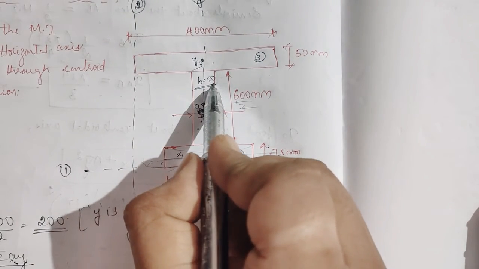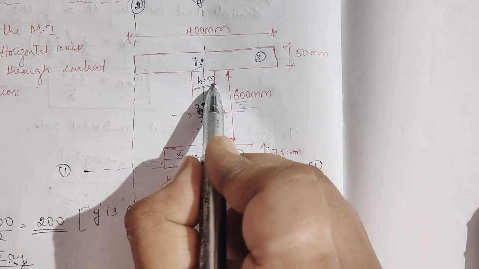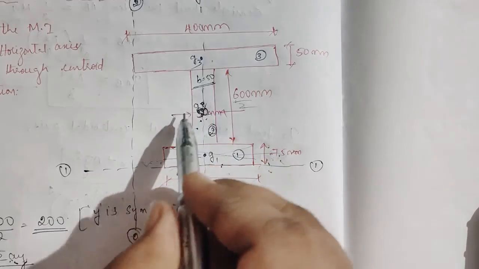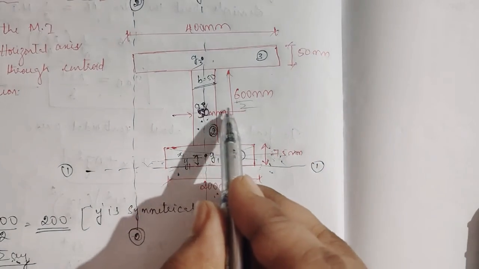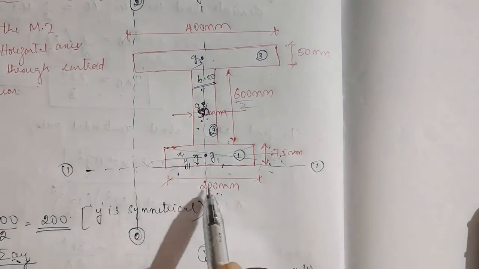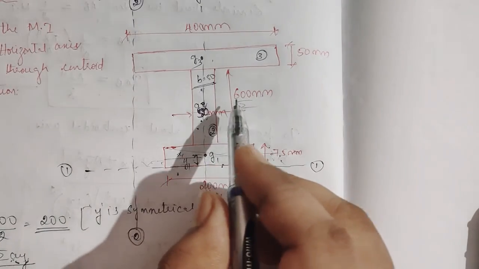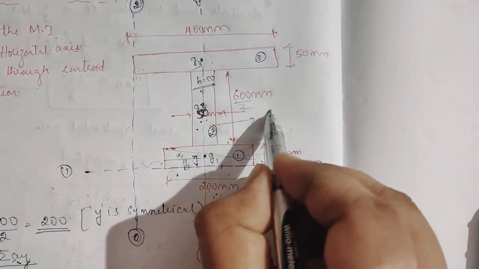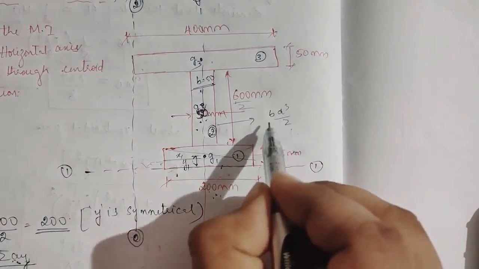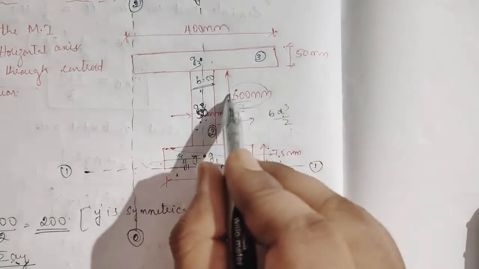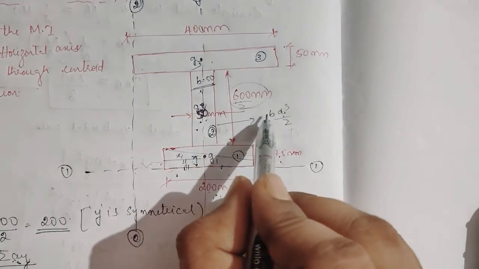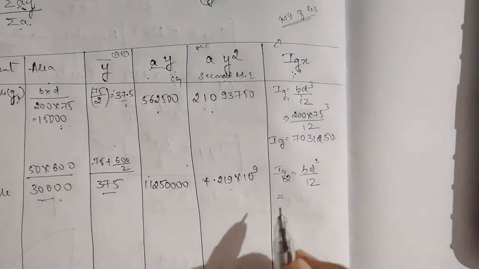Okay, sorry, I made it too confused. So here BD cube by 12, the depth part will be 600 cube. So 50 into 600 cube by 12. Whenever it changes I will let you know.